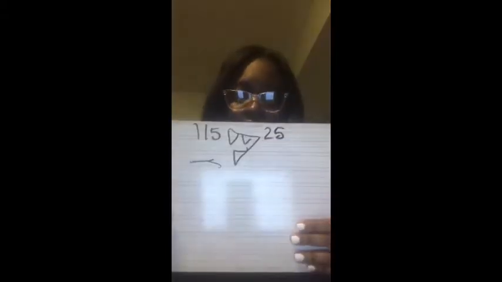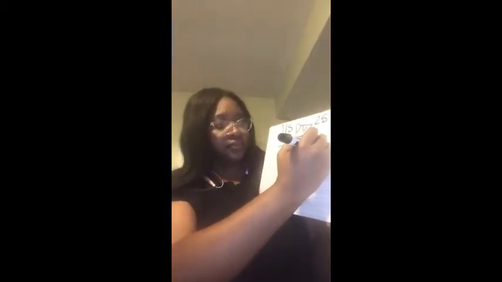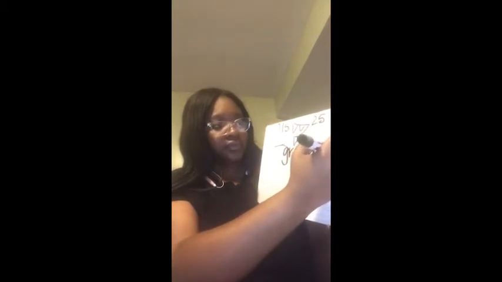Of course, our 115. Now, how would the alligator be able to eat this number right here? We're going to draw with the teeth. He's eating that 115. And this makes it greater than.